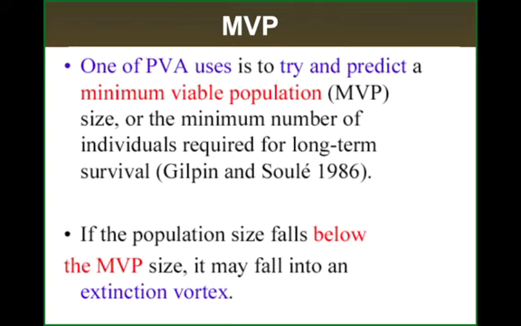But the idea behind the MVP is that if the population size falls below the minimum viable population size, it may then fall into the extinction vortex, right? And so we would like to know what that minimum viable population size is, and we can get a handle on that through doing a population viability analysis.